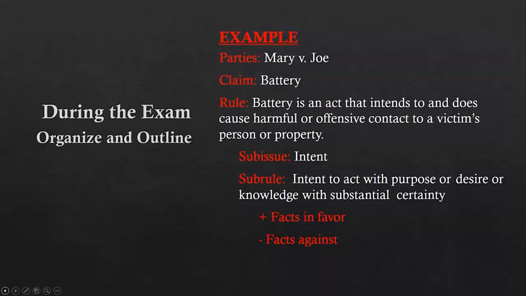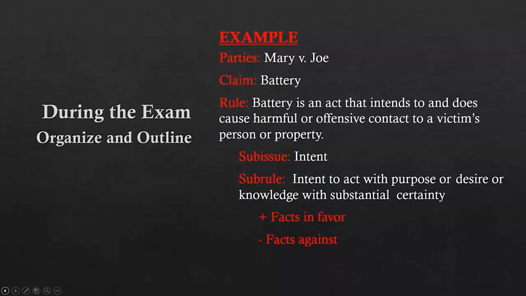This one's pretty neat because I typed it here, but yours is just going to be jotted down on a piece of scrap paper very quickly. So here is an example of an outline where an answer is organized prior to writing. As you're reading the question, you might write something like this. Mary versus Joe, it's a battery claim.